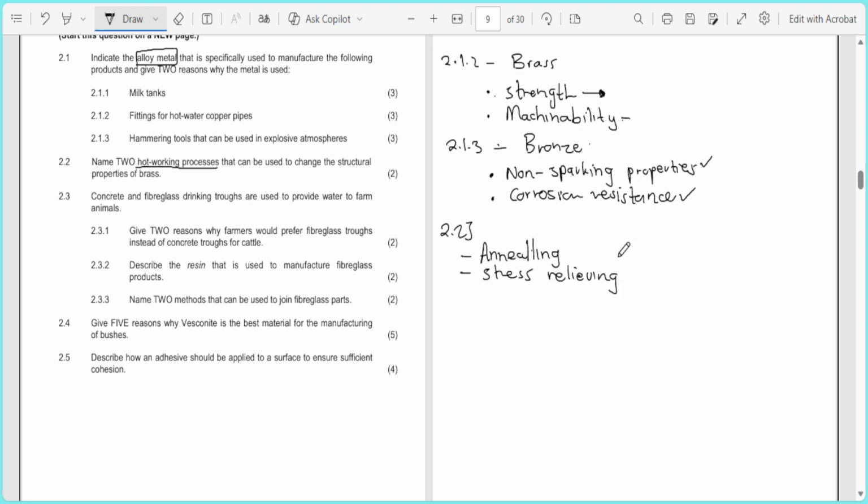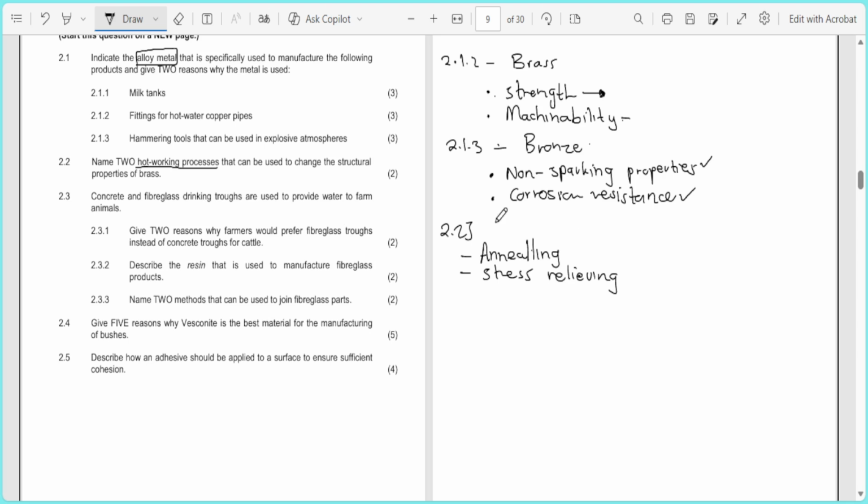Okay, so heating brass above its recrystallization temperature, and then slowly cooling it to soften it. It does relieve the internal stresses and improve ductility for further shaping. So that is one hot working process for bronze.